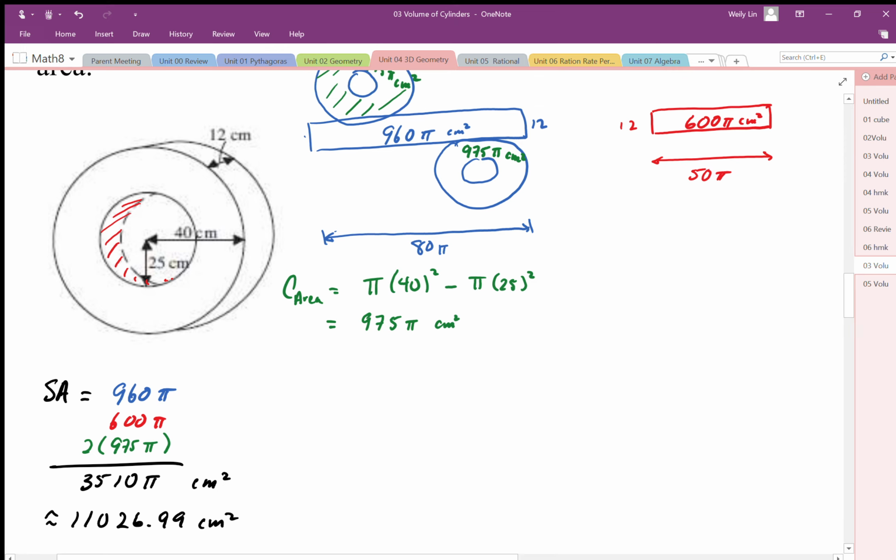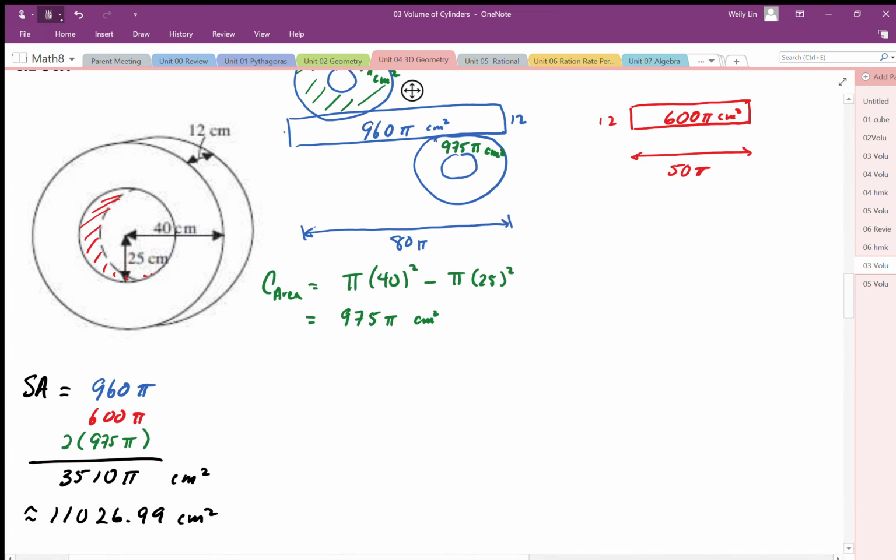Again, we may be off a little bit by some rounding that we may have introduced. Now in terms of the volume, we're going to do the area of the base times the height. We could find this big cylinder and subtract a little cylinder if we like, but we already have the area of the base. This base here has slices that are the same all the way through that 12 centimeters.